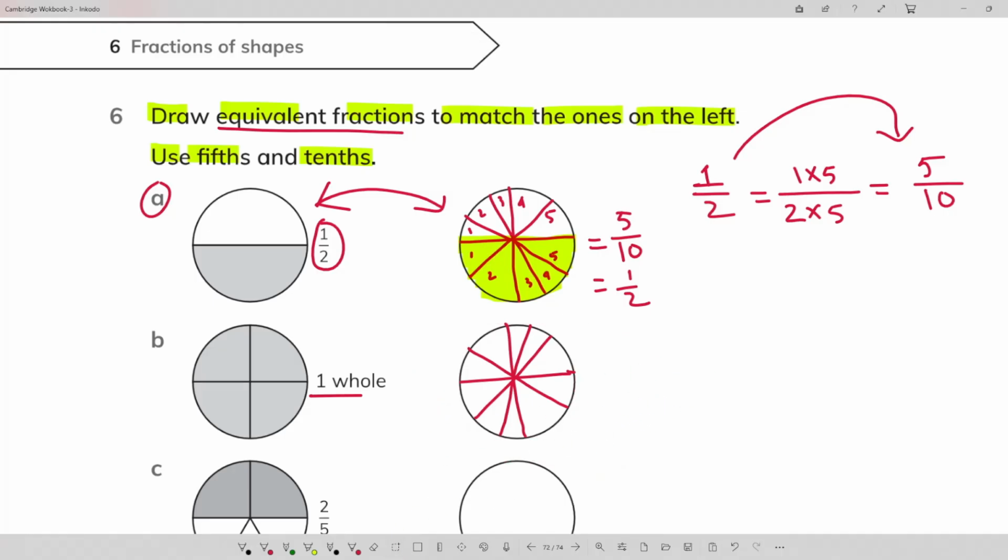Now look, once we make the whole, everything is colored. But how does it happen? First we have to make an equivalent fraction. Here is one whole, it means 10/10, or we say 5/5, it will become 1. 10 divided by 10 is 1, 5 divided by 5 is 1. So once we use 5ths or 10ths, the whole is colored.